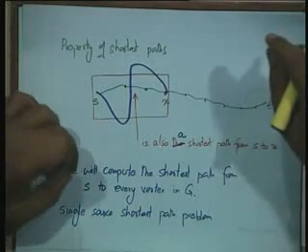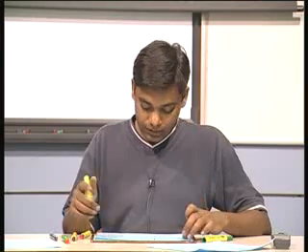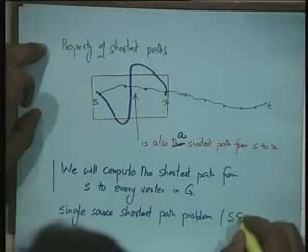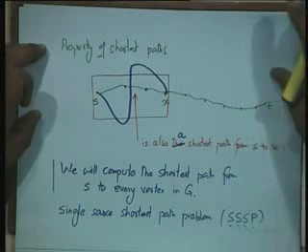Why? Because we are starting from one particular source and from that source we are computing the shortest path to every other vertex in the graph. Sometimes this is abbreviated as SSSP, single source shortest path.